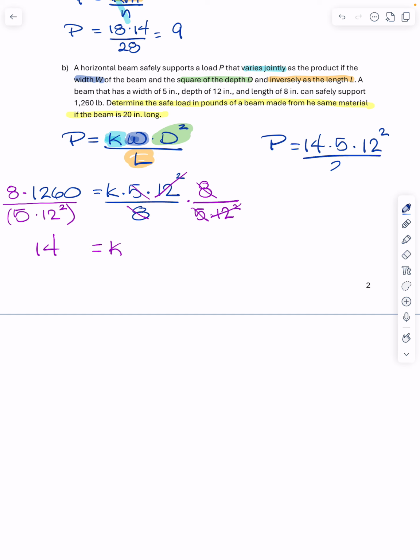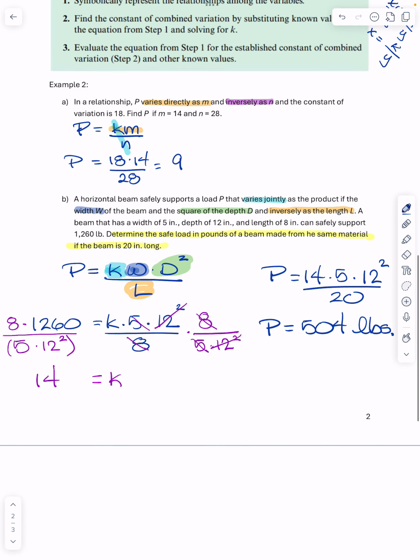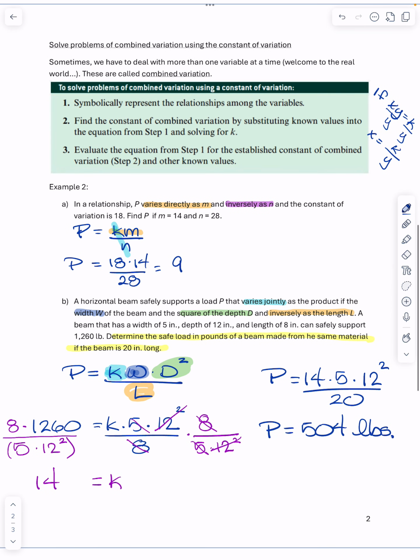It's only the length that's changing. As our denominator gets bigger, the amount of load it can hold gets smaller. And there's the inverse variation part.